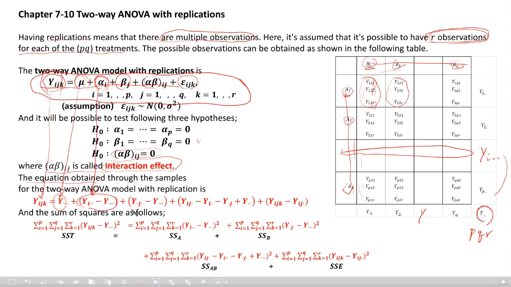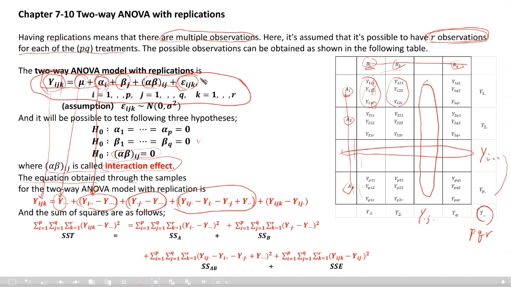For beta j, the estimator is y dot j dot, the mean of these samples, minus y dot dot dot plus. It is somewhat complicated and I want to leave it for a while.